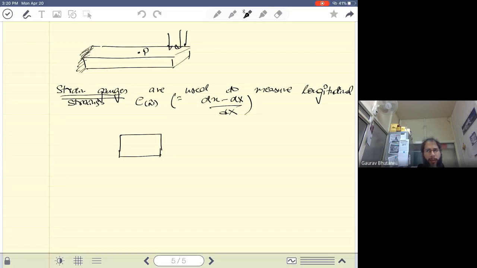And what you do is you have a conducting material which is pasted on the top of this cellophane, and this is called a strain gauge.